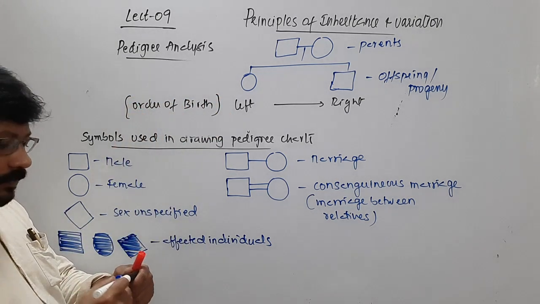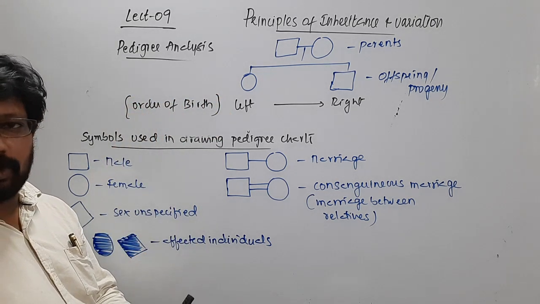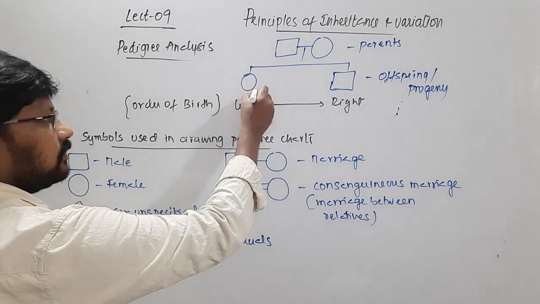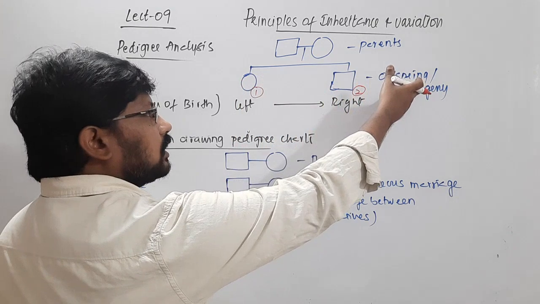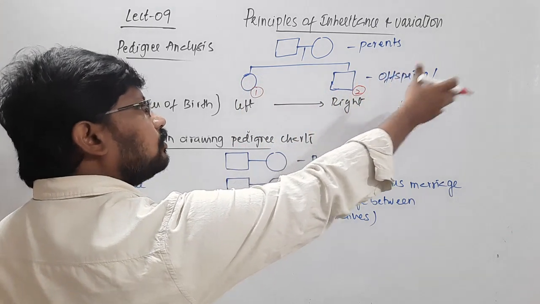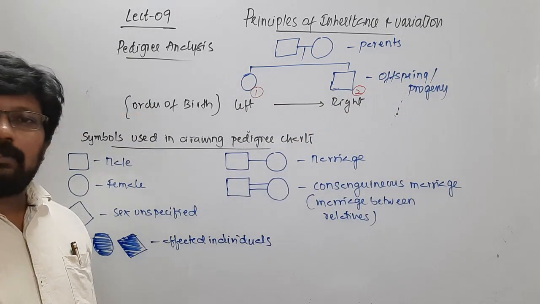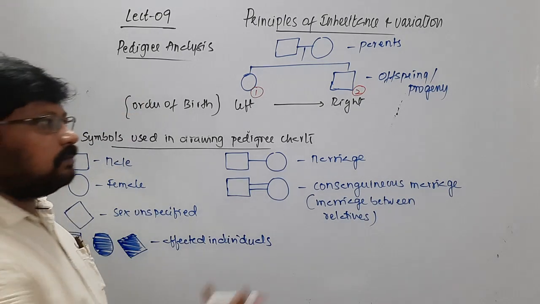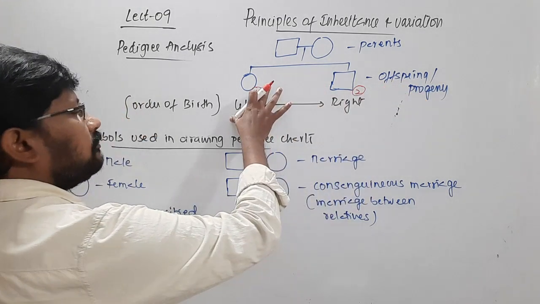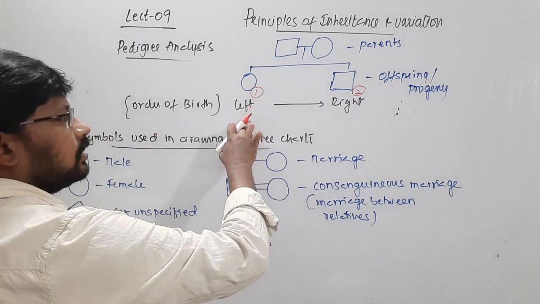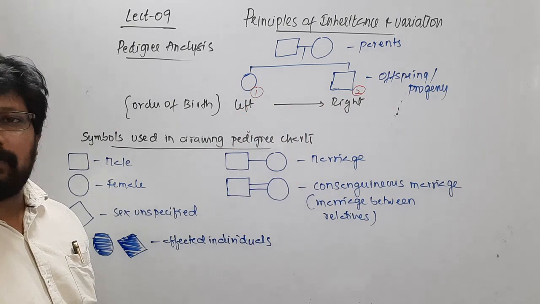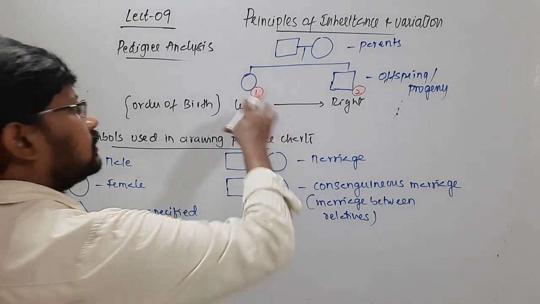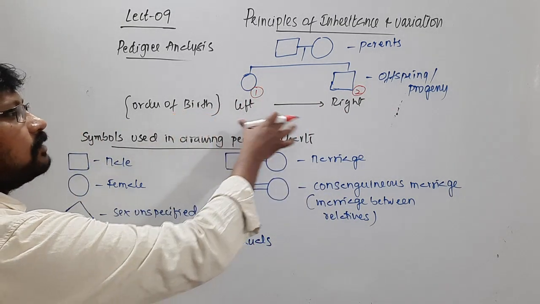The first born should be drawn on the left side, this is the second born, and if a third one comes, it will come on the right side. All newborns will be on the right side. The left one is the elder one and the right ones are the younger ones. This is the order of birth that we need to mention.